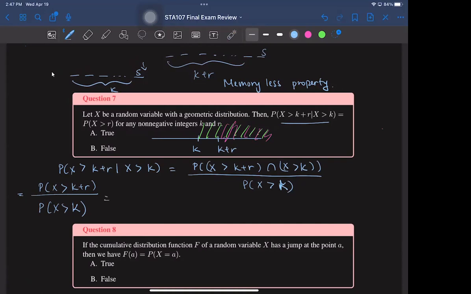Okay, and from here, I can have 1 minus the probability that X is at most k plus r, divided by 1 minus the probability that X is at most k. That makes sense?